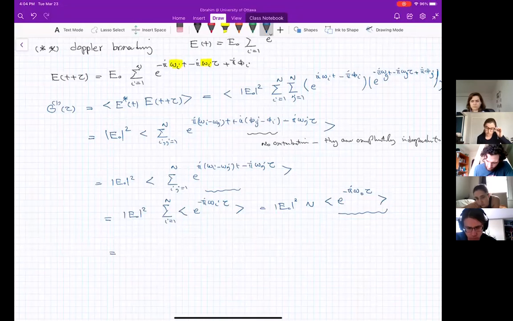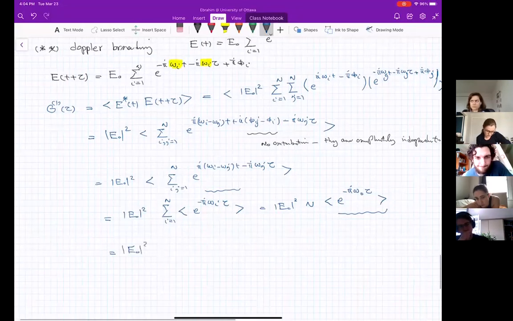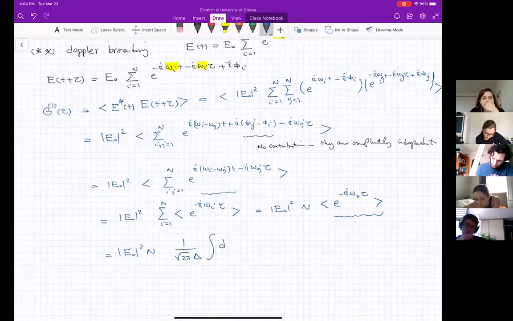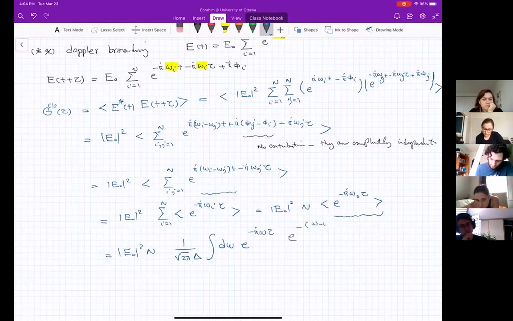So essentially, the entire thing will be given by E0 power of 2 and 1 divided by square root of 2 pi delta, integral of d omega e power of minus i omega tau, and then e power of minus (omega minus omega 0) power of 2 divided by 2 delta power of 2.